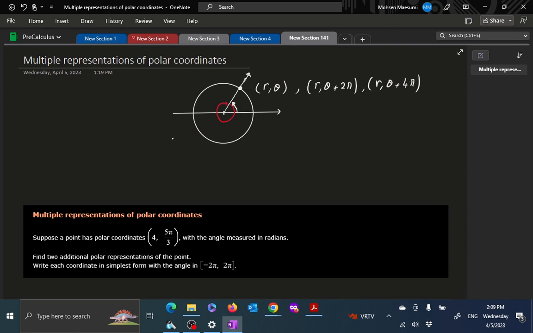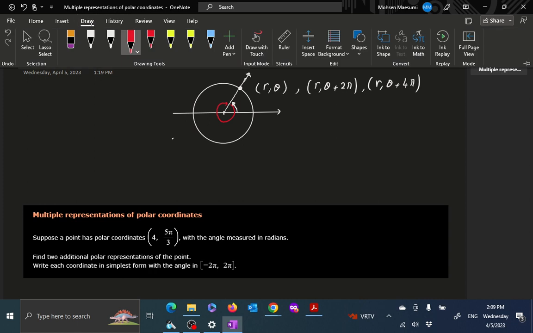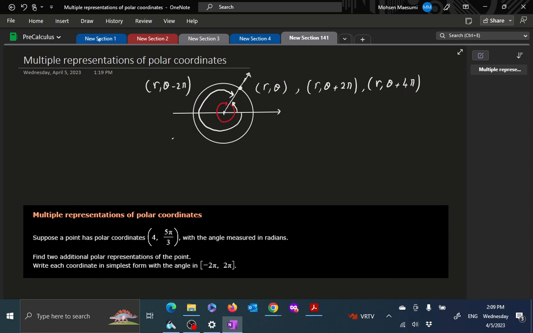Now I have gone through the angle theta minus 2 pi. So now I am at r and theta minus 2 pi. The net angle that takes me from this point to this is theta minus 2 pi.